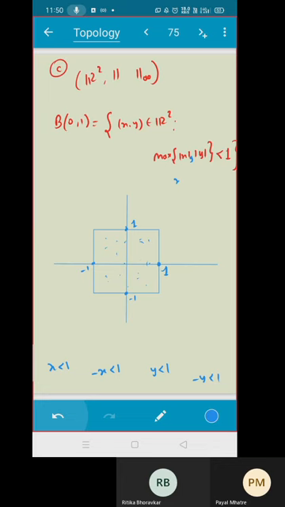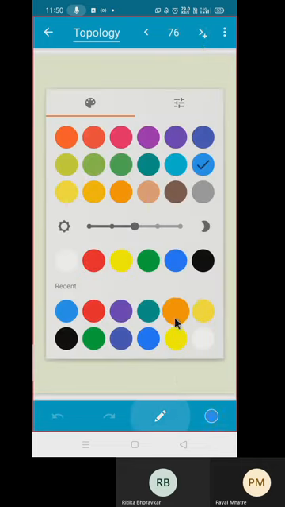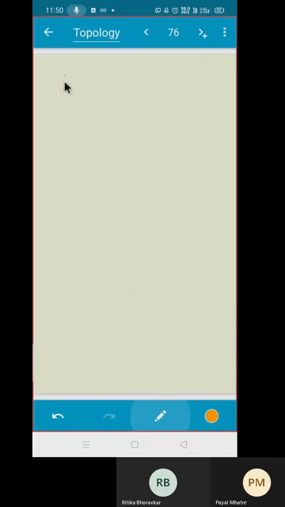Let me define what a convex set is first. Now, one more thing. Draw unit balls in D1, D2, D infinity. That means again, you have to draw this B(0,1) in D1, D2, D infinity.